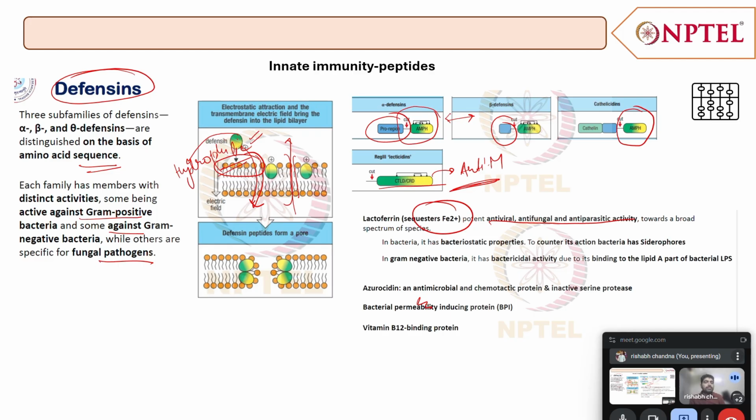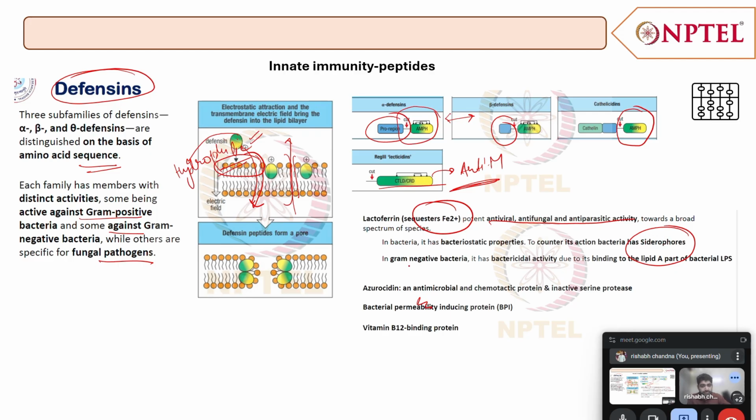In bacteria, it has bacteriostatic properties. To counter its action, bacteria has siderophores. Because there are always anti-nature peptides also, so if there is lactoferrin for the bacteria, bacteria also has its antagonist, that is siderophores.